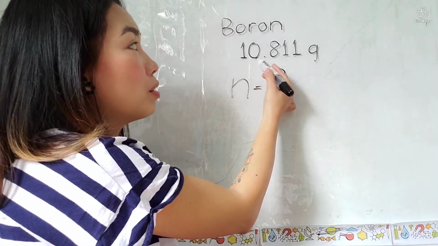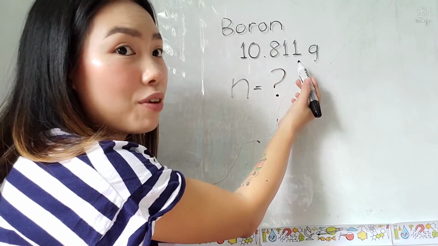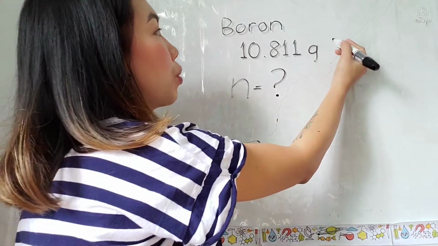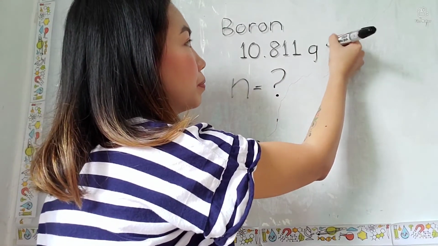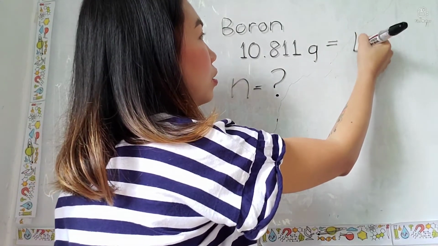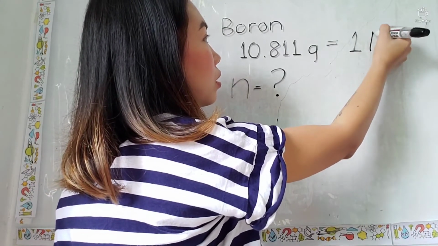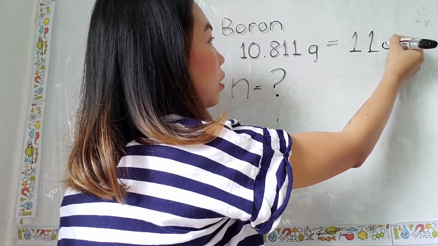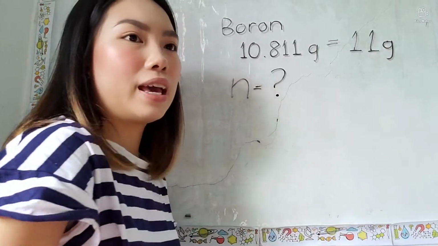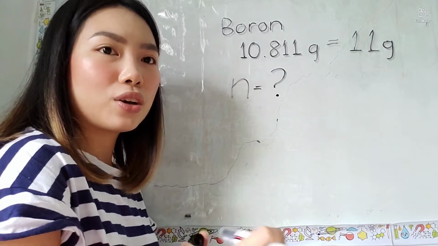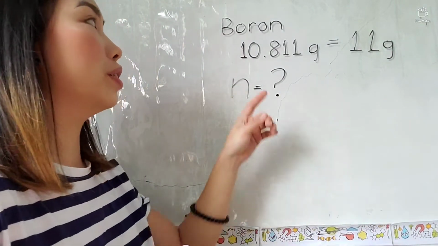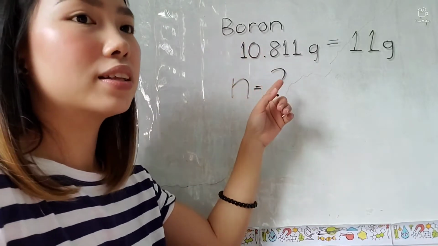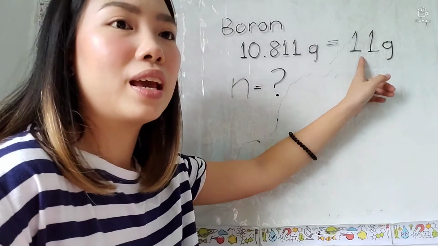So, from 10.811, my whole number will become 11. So, yung ating sagot sa whole number ng 10.811 will become 11.